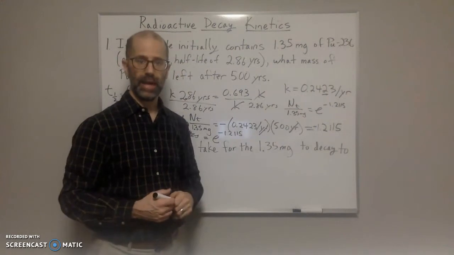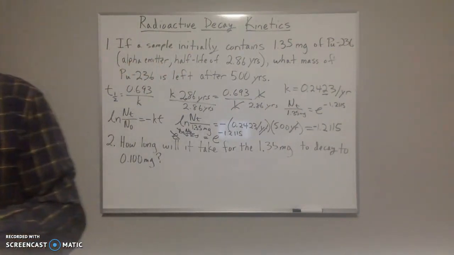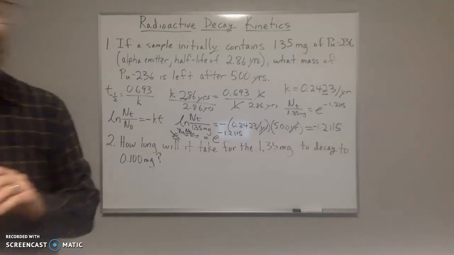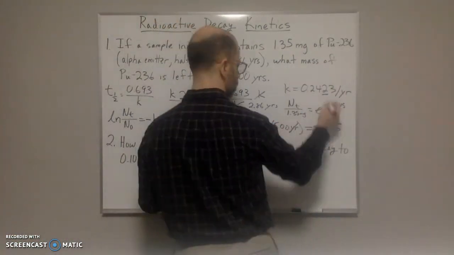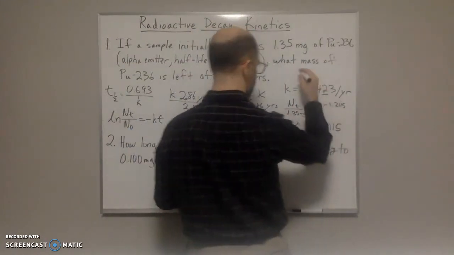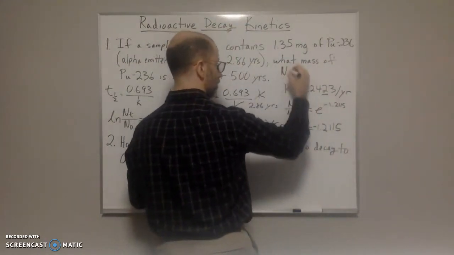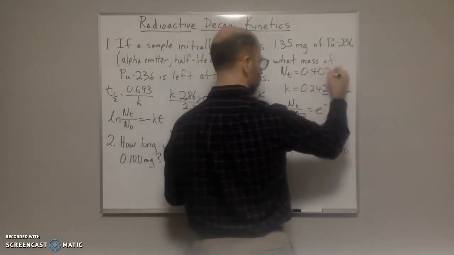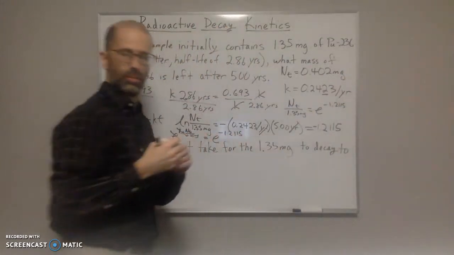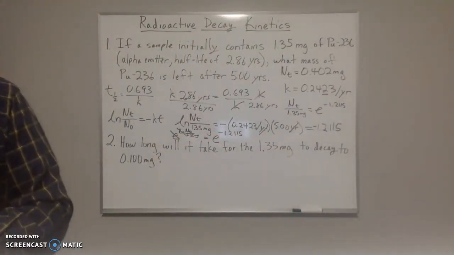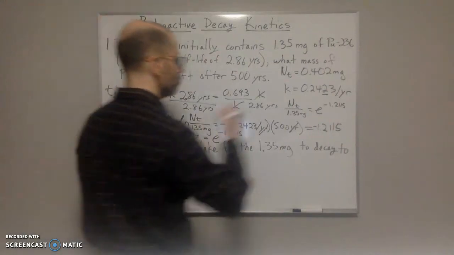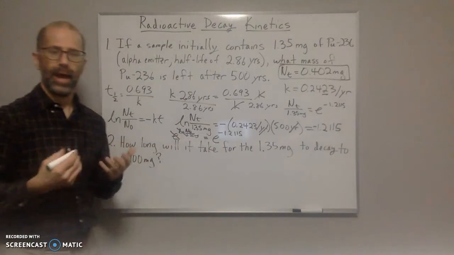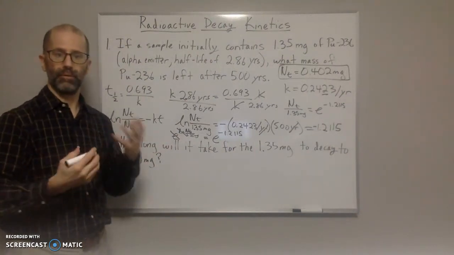When I calculate that out, I get 0.402. So n_t is equal to 0.402 milligrams. Let me double check I'm writing that down correctly. 0.402, yep. So this is the amount that's left over after 5 years.